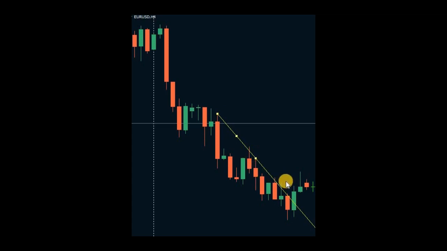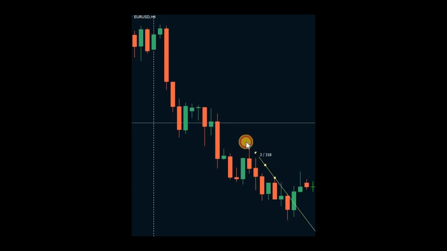We didn't connect these two candles. Actually, if we reverse this one, as you can see, this candle is not touched, and this candle and this candle are not touched. So we need to contain those candles as well.